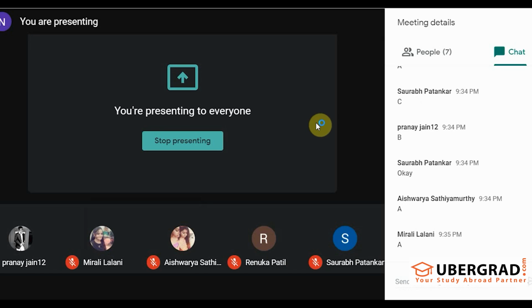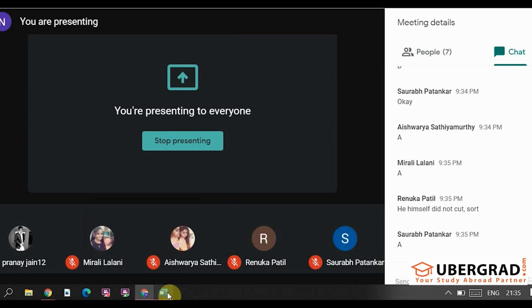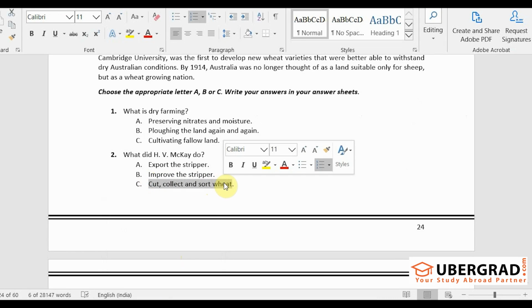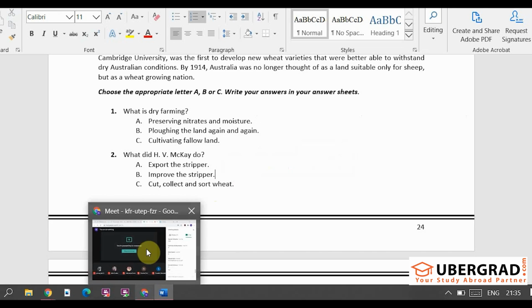See, for the same question we have different answers over here. Exactly, he himself did not cut, sort, or yes, it was a machine that was doing it, right? So first of all, the answer cannot be C. Why? The question is asking what did H.V. Mackay do? So H.V. Mackay was not cutting, collecting, and sorting wheat. It was a machine that was doing it. So C is eliminated. Out of A and B, what should be the answer?